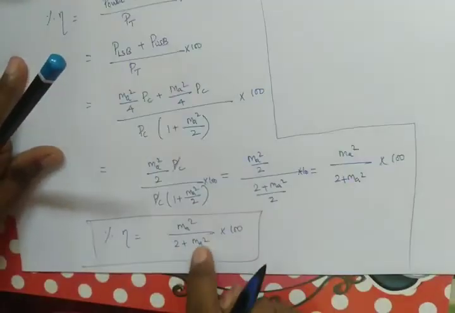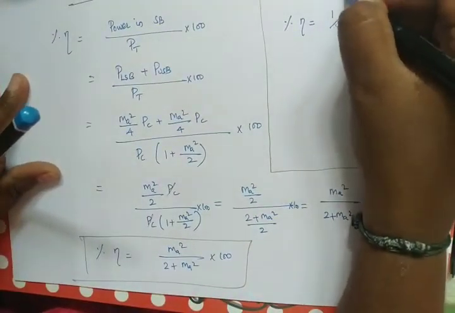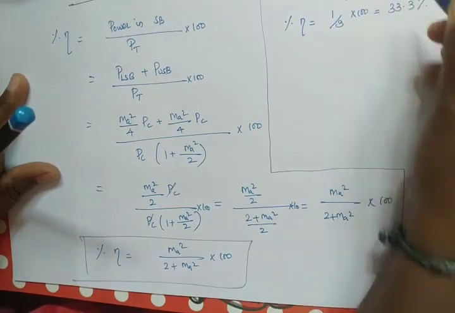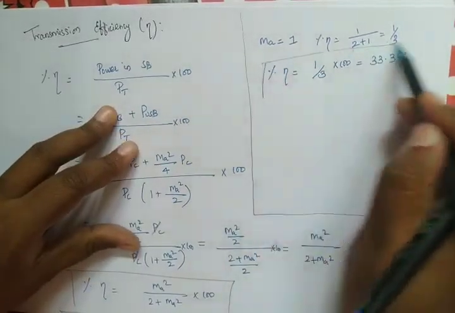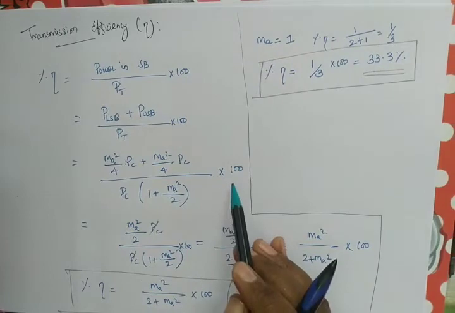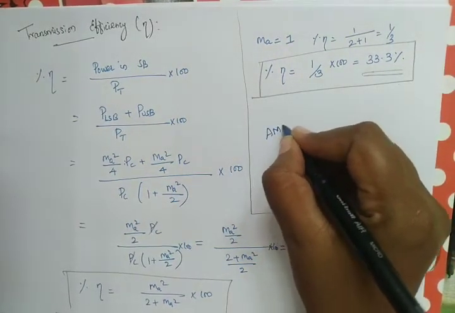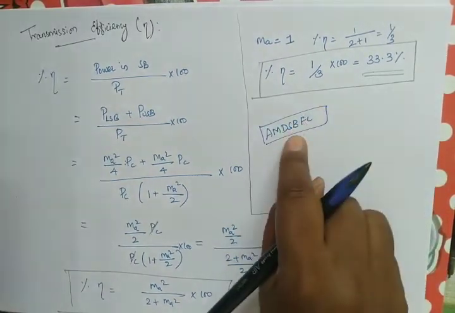Here we have MA square by 2 plus MA square, therefore percentage efficiency will be equal to 1 divided by 2 plus 1. So this will be 1 by 3. Therefore we will get percentage efficiency equal to 33.3%.